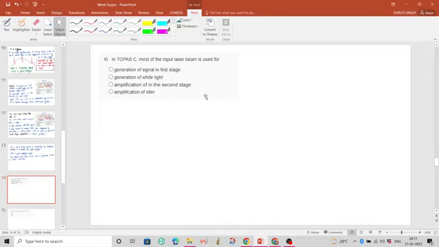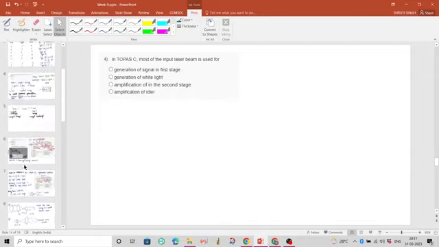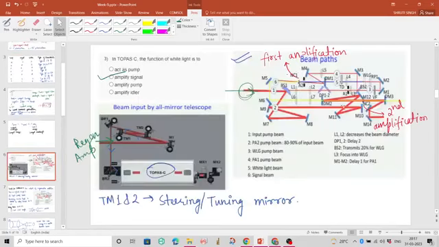It is asking about most of the input beam, the beam which gets reflected at the first beam splitter. You can see this is the most of the input beam going here, shown in thick red color.